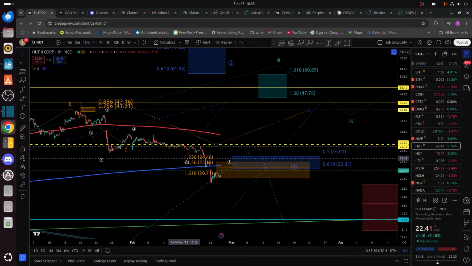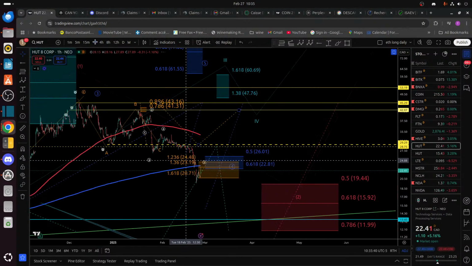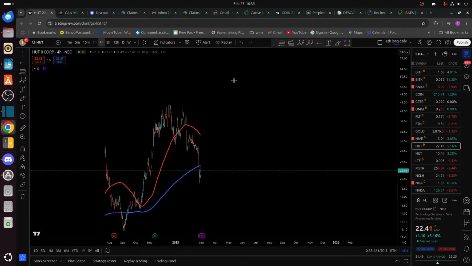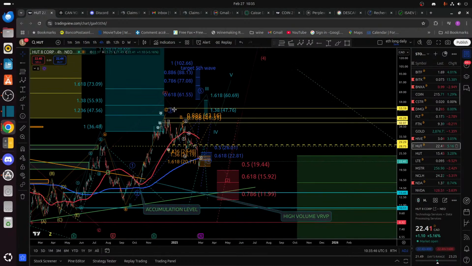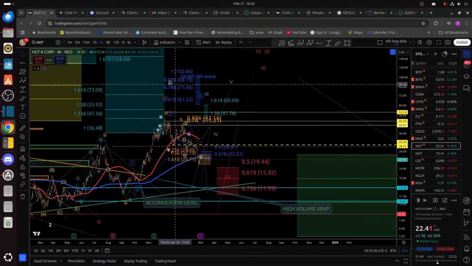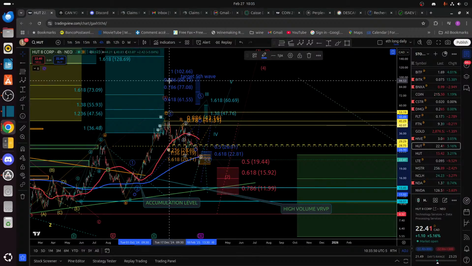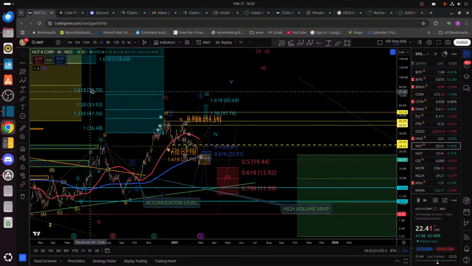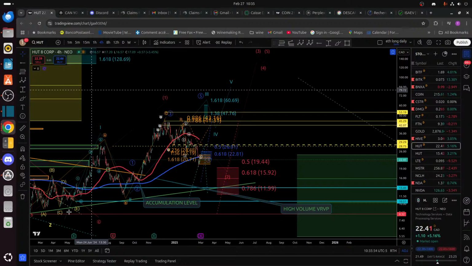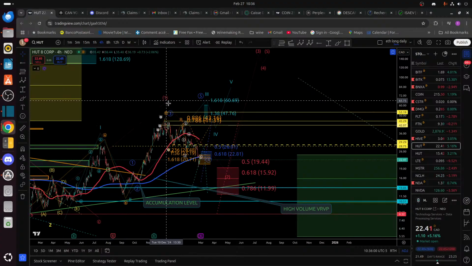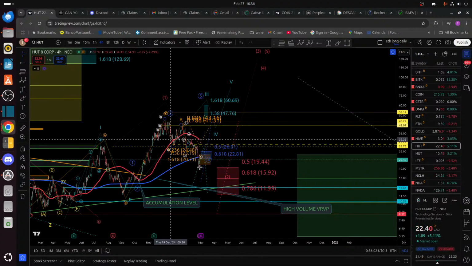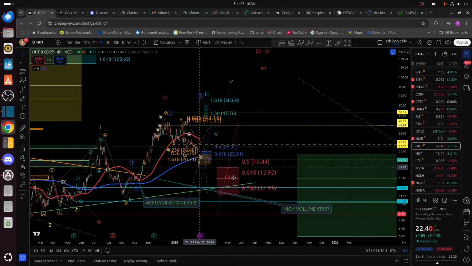Okay, so for a moment, honestly, I have nothing to say. But now we need Hut 8 mining to stop going down, otherwise it will start to be not as good. And let me remove some levels now. So worst case scenario, I'm going to count this as a B and a C for a bigger wave 1, and this is the ABC for the wave 2.